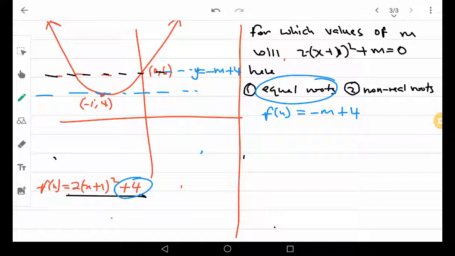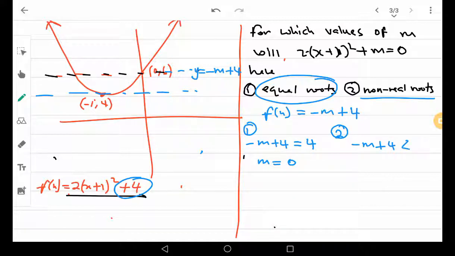So minus m plus 4 is equal to 4, therefore m is equal to 0. Number 2, non-real roots: minus m plus 4 less than 4, so minus m must be less than 0, m is greater than 0. Then it's done. That's how you do this question.